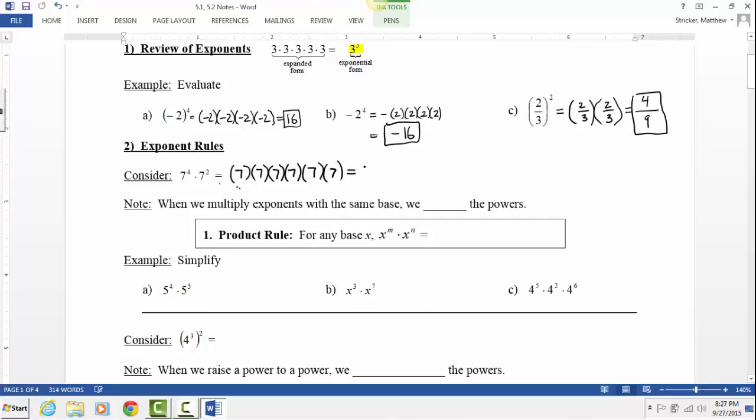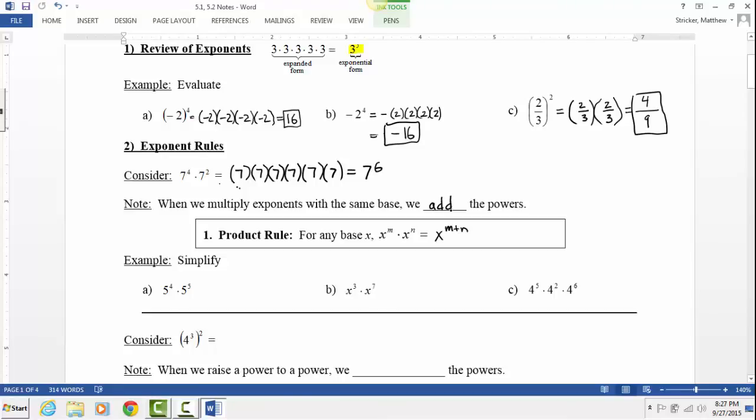So this is 7 to the 6th power. And so the idea here is that when we multiply exponents, what we do is we add the powers, because 4 plus 2 is 6. So in general, if I have x to the m times x to the n power, this is x to the m plus n. When we multiply exponents, we add the powers.